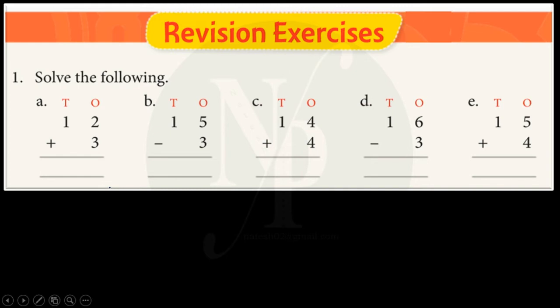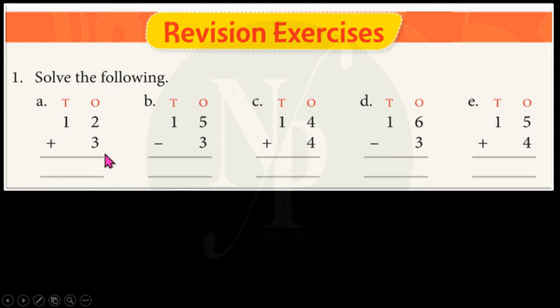First, we add the digits at ones place. That is, we add 2 and 3. For adding and subtracting numbers, you may use those standing lines or your fingers as per your convenience.